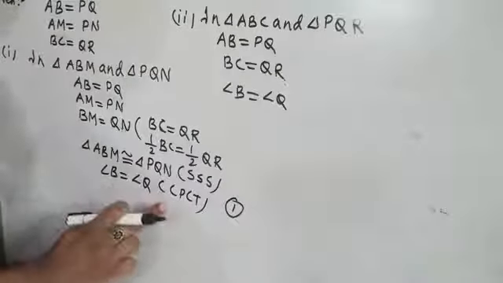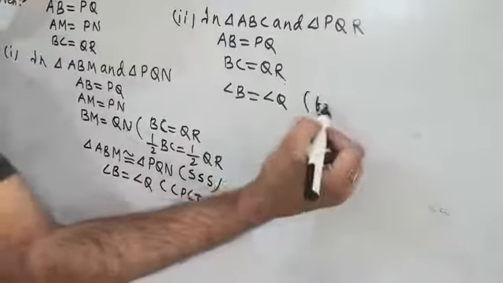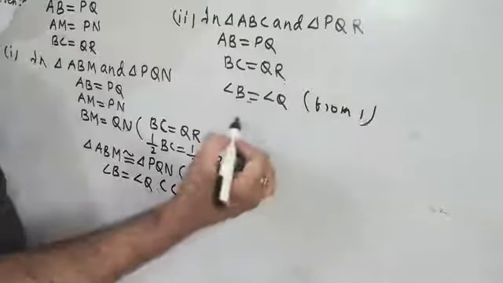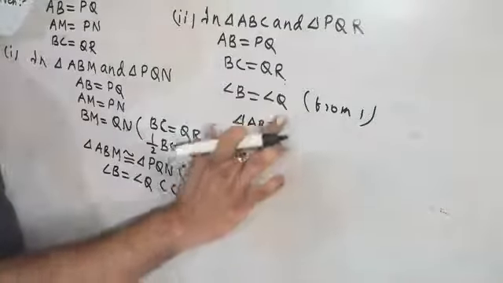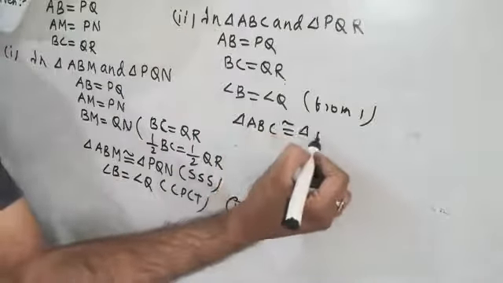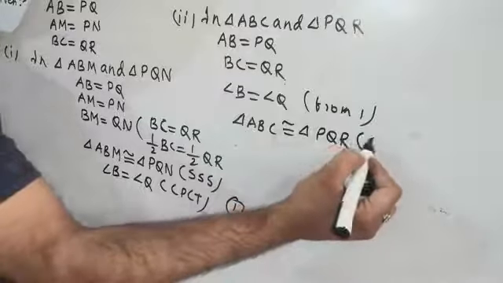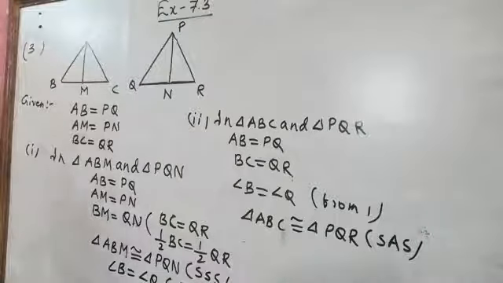So I am using angle B equal to angle Q from 1. So therefore these two triangles, ABC is congruent to PQR by SAS. So this is the solution of question number 3.